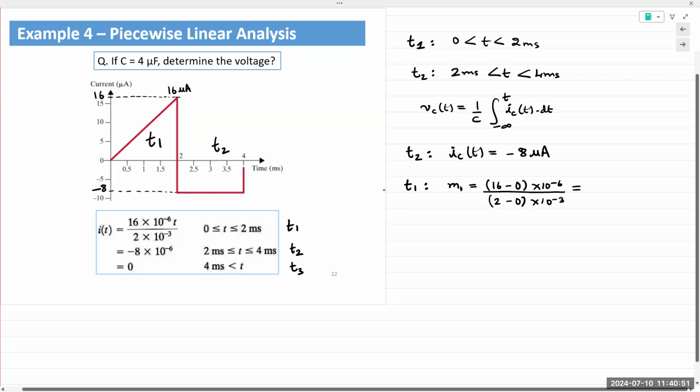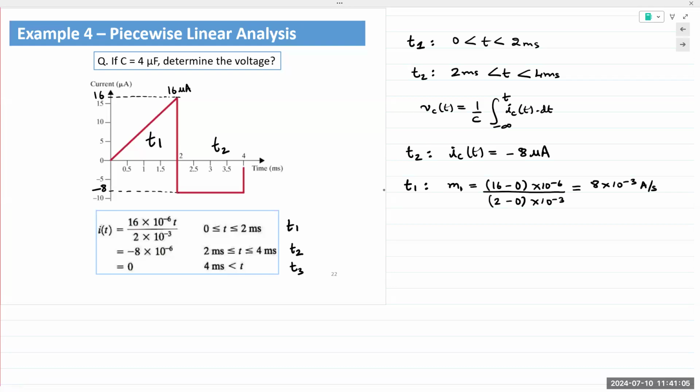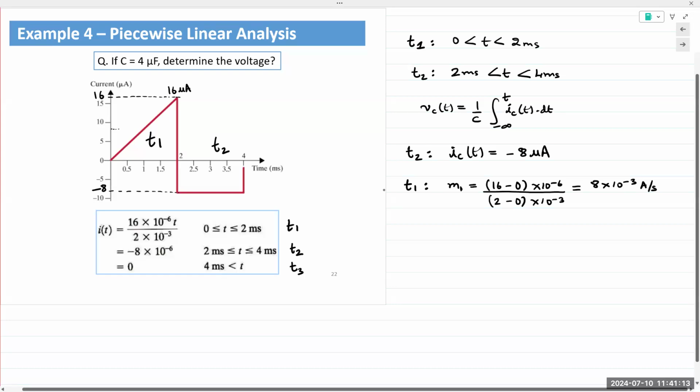And so I can write this as 8 into 10 raised to minus 3 amps per second. Right? It is climbing up at a rate of 8 microamps per second. So I would say about here.